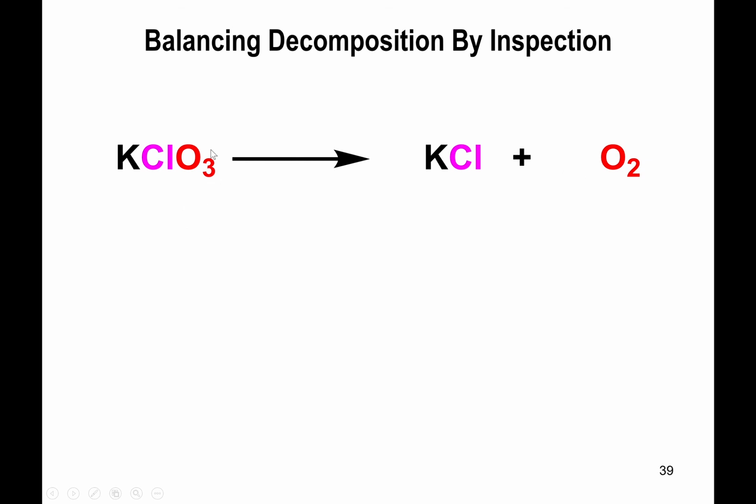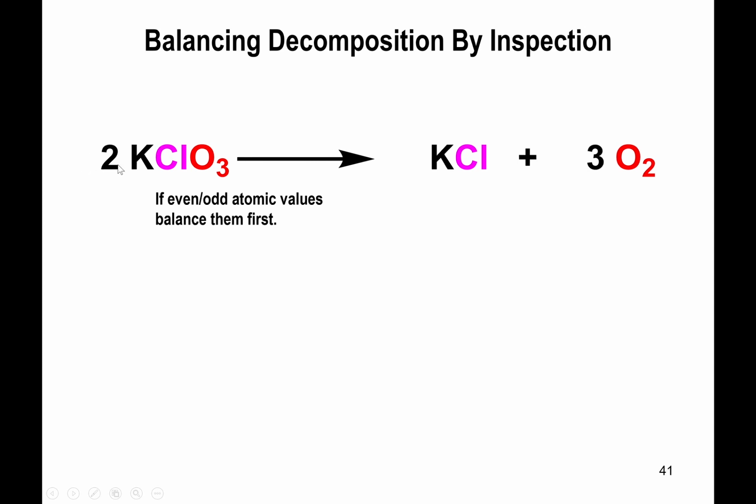All right, once again, we have that even-odd business for oxygen, right? So 3 oxygens on the left side, 2 oxygens on the right side. So you might actually want to balance the oxygens first by cross multiplication. The 3 will go in front of O2, the 2 will go in front of the KClO3. All right, that balances the oxygens. Once again, we have 6 oxygens on both sides. But now that you place the 2 here, you have changed the amount of potassium and the amount of chlorine.